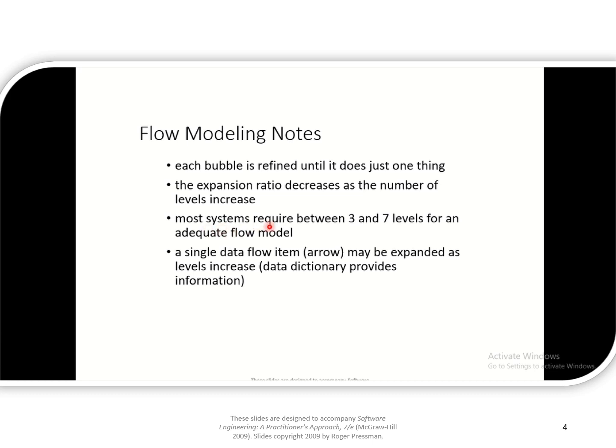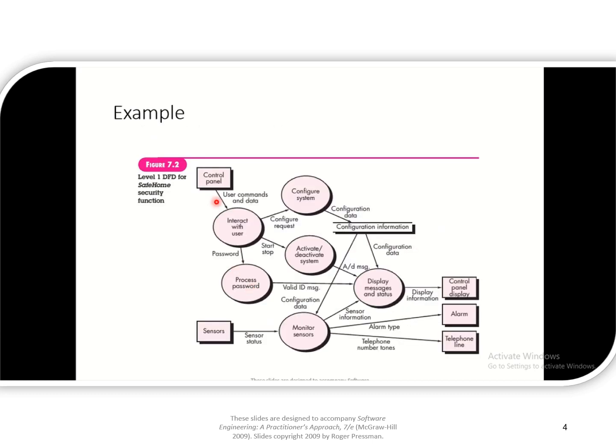The third point: most systems require between 3 and 7 levels for an adequate flow model. This is the maximum limit; at most we should reside between these two levels. The last point shows that a single data flow item may be expanded as the level increases. You can see the example here, where the single command is divided into many more sub-processes.